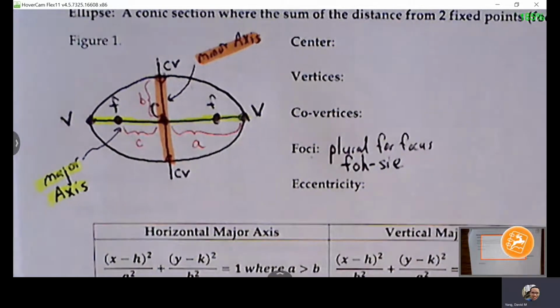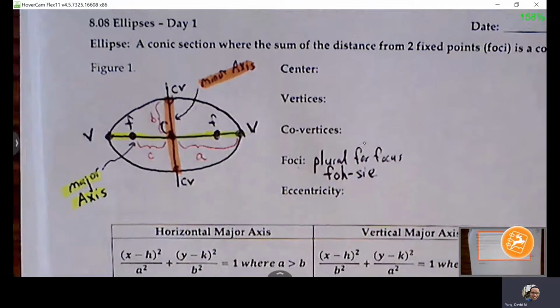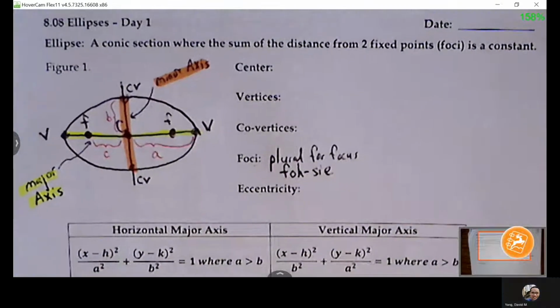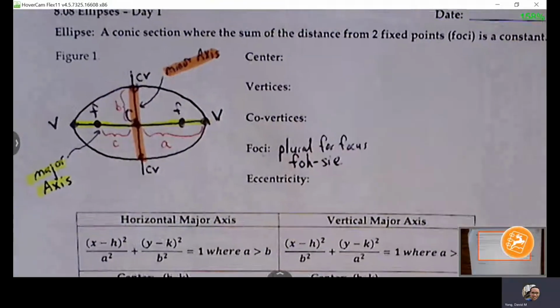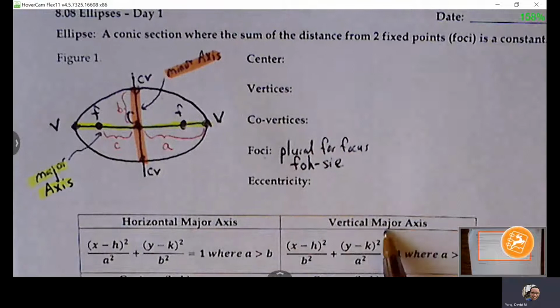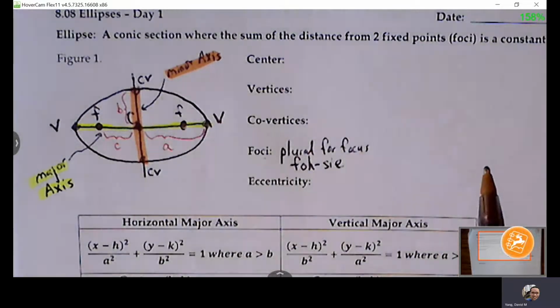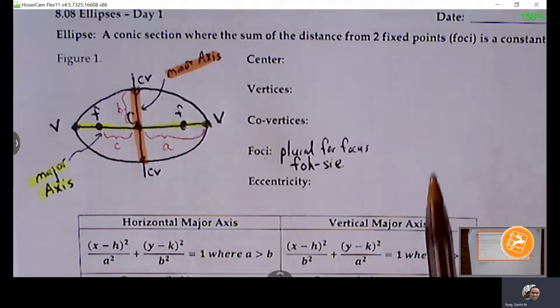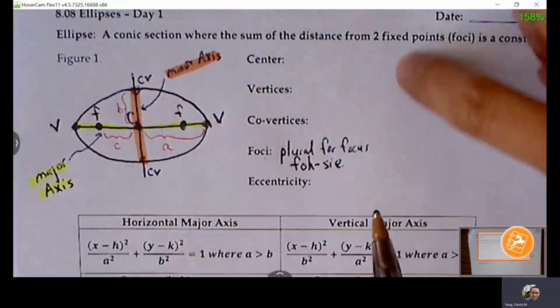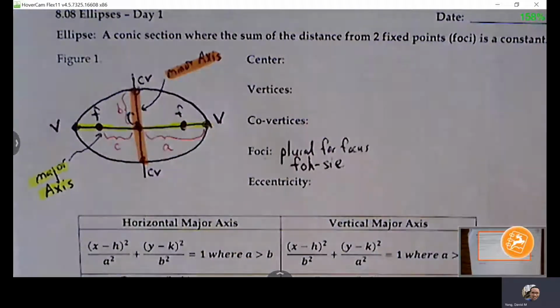Okay, let's look at the other orientation of ellipses. That's where we're going to have a vertical major axis. Now we're going to create an ellipse where it's longer along the vertical side than it is along the horizontal side.